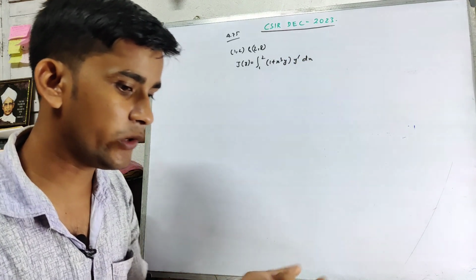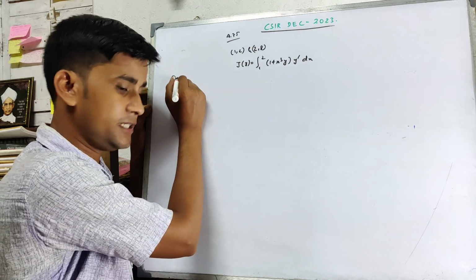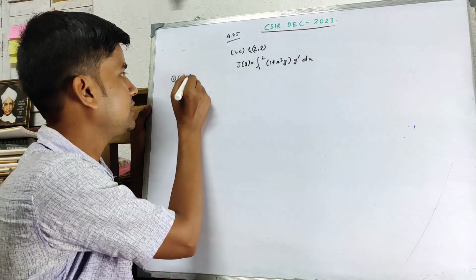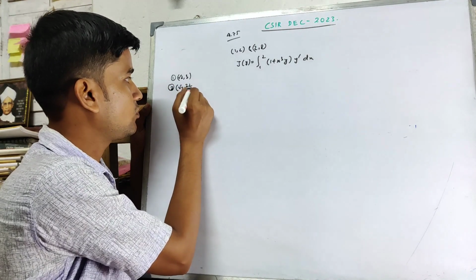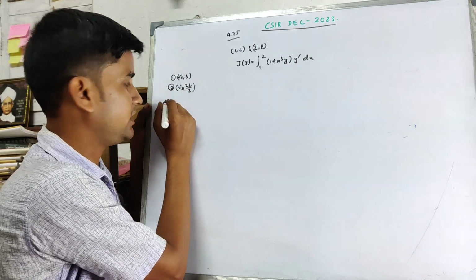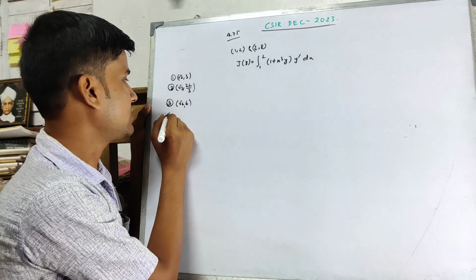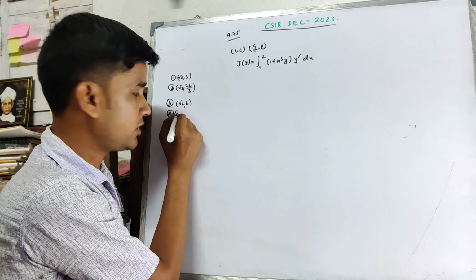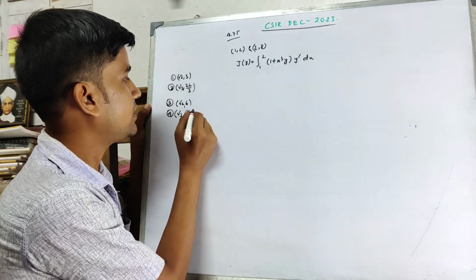Then which of the following points lie on gamma? Option 1 is root 2 and 3, option 2 is root 3 and 22 upon 3, option 3 is root 2 upon 6, root 2 and 6, option 4 is root 3 and 23 upon 3.